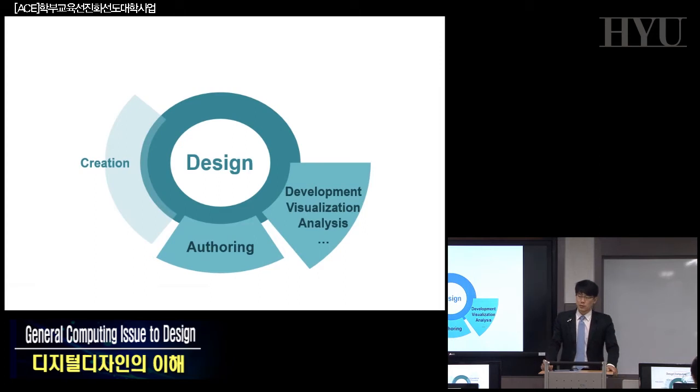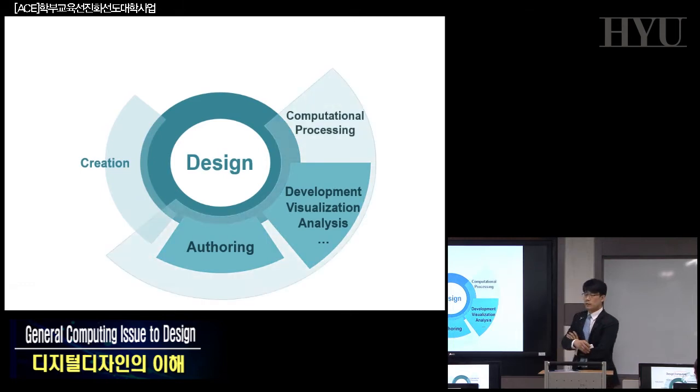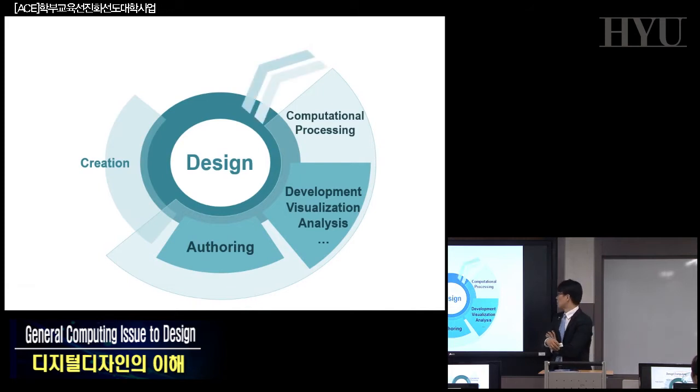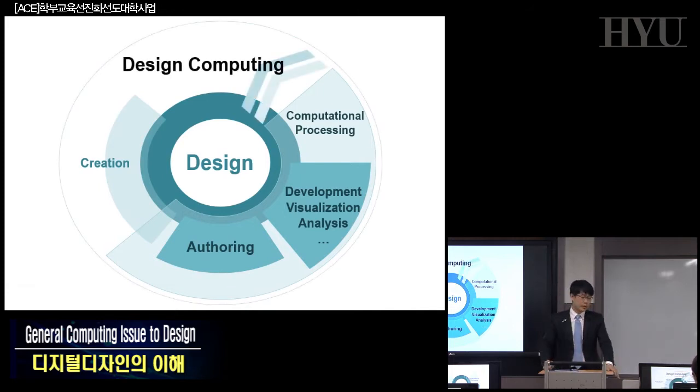Anyway, design development, design visualization. For analyzing your design, we need to use computing technologies, so-called computational processing. So the entire process of this, so-called design computing, is what we are dealing with in this classroom.